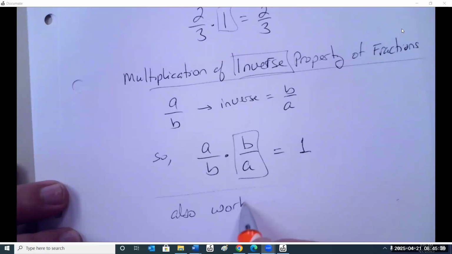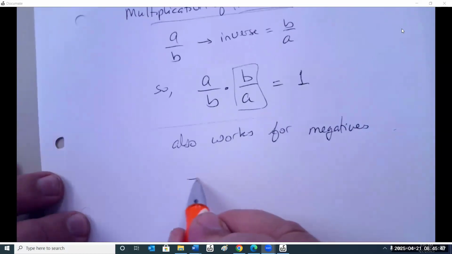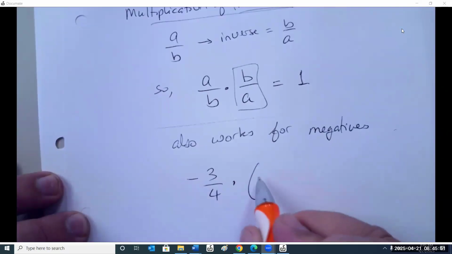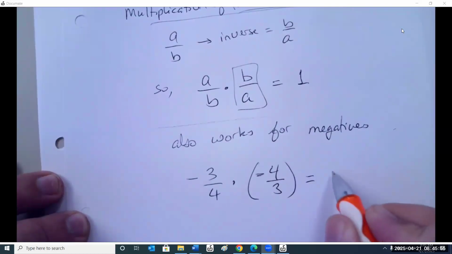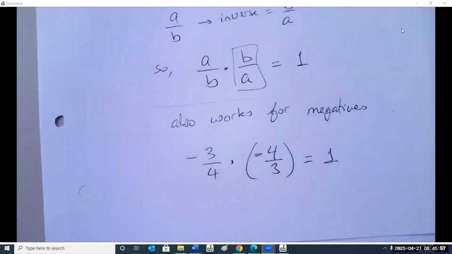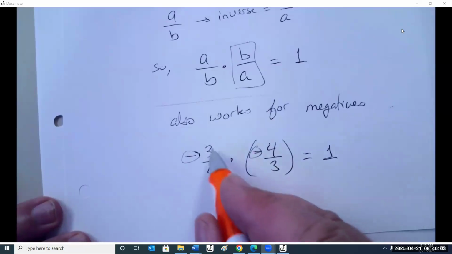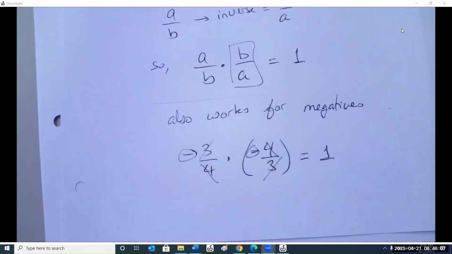It also works for negatives. Negative 3/4 times its inverse is equal to 1. Because the negative times the negative cancel, the 3 and the 3 cancel, the 4 and the 4 cancel, so we have 1.